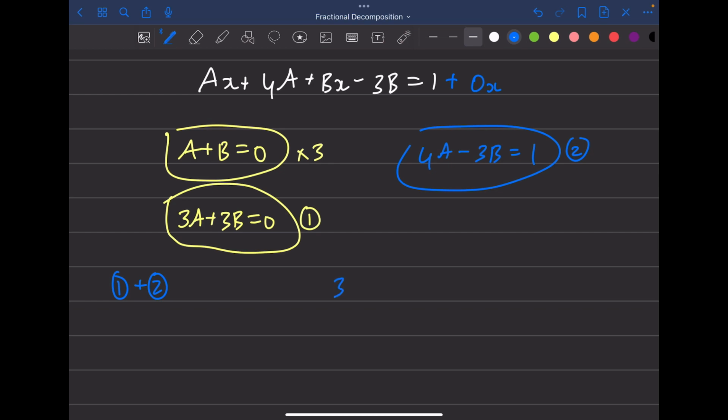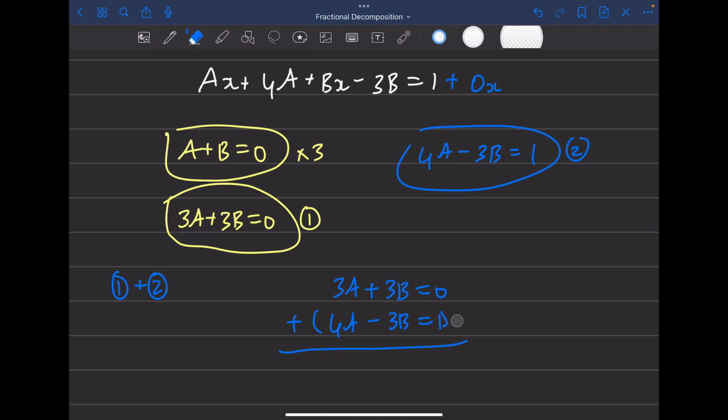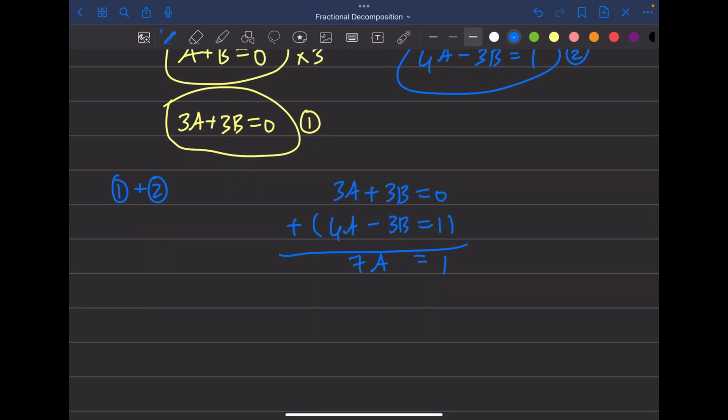What we would get is 3a plus 3b is equal to 0, and then we would have 4a minus 3b is equal to 1. If you add these up as entire equations, what you get is 1 plus 0 is 1. Positive 3b and negative 3b cancel out, so we don't have a b at all, which is what we want. And then 3a plus 4a is 7a. So we have 7a is equal to 1, or in other words, a is equal to 1 over 7.